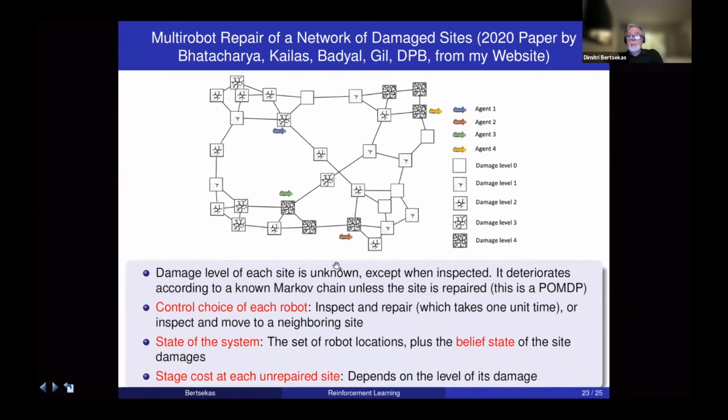One question: are all agents aware of the same most up-to-date belief state? Yes. We assume that the inspection results go up to some computational cloud that calculates the belief state and passes it on to the agents. Okay, understood.